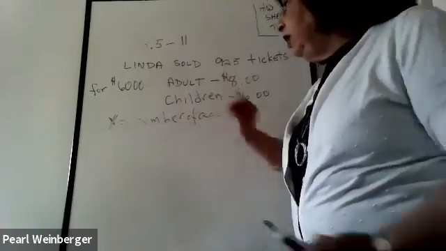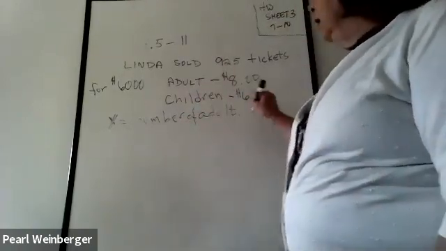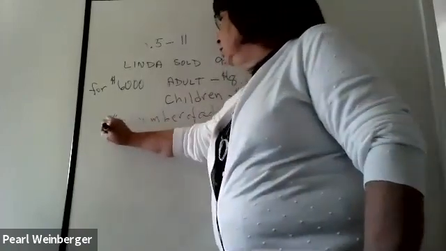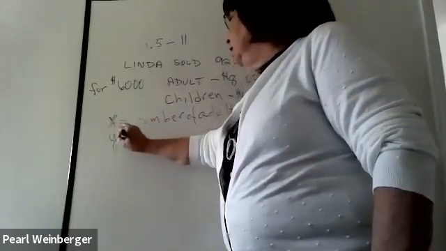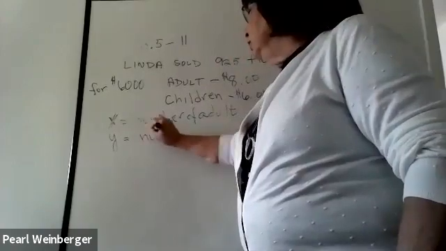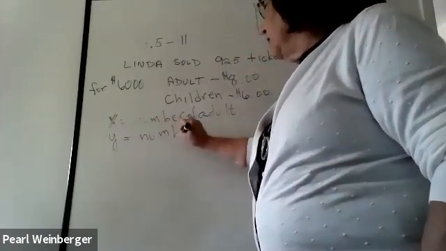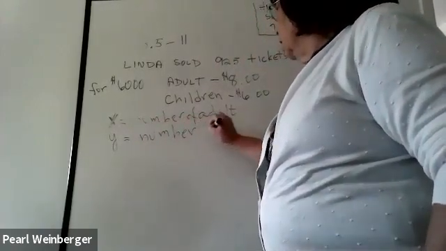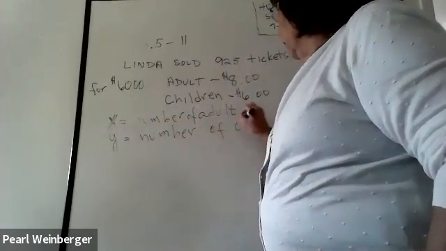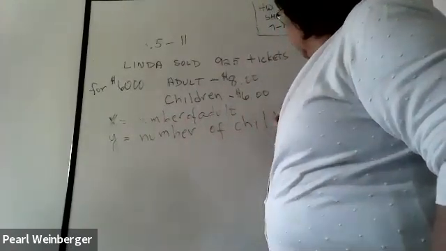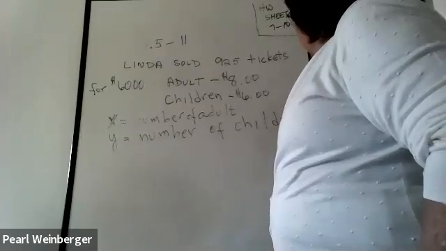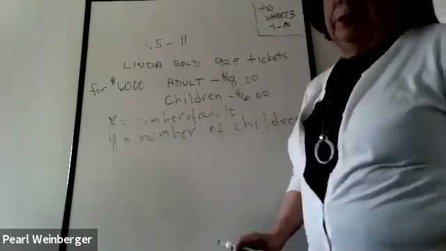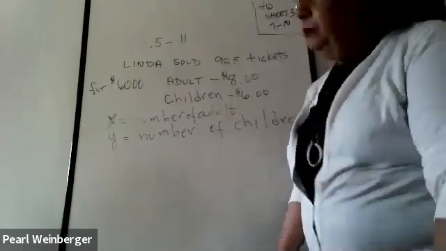So my first variable is going to be X. It's how many adult tickets are going to be sold. My second variable is going to be the number of children's tickets sold. So now I know what my variables represent.